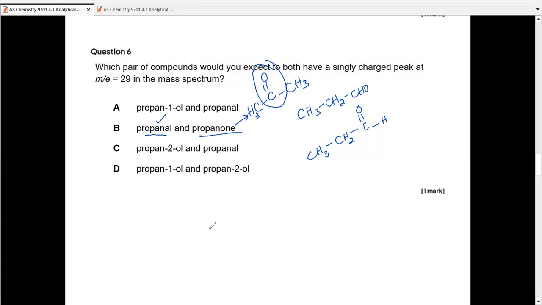41. Come on, this should be easy. C. No. If you're going to take CHO out of propanal, how would you take it out of propan-2-ol?